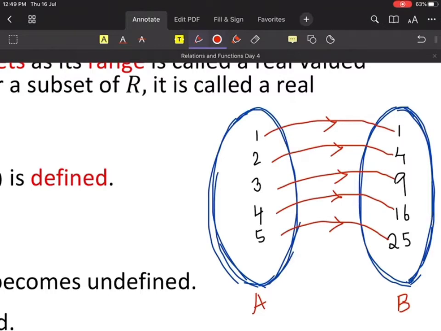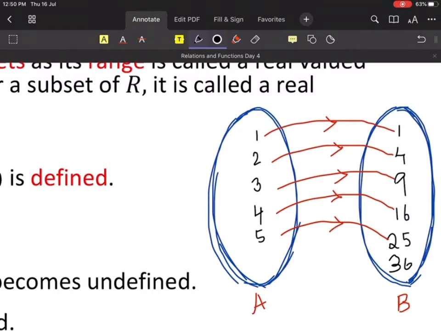Since this is a function, what is the domain of this function? 1, 2, 3, 4, 5. Acha, let me add another number in here to make you understand. Acha, what is the range of this function? 1, 4, 9, 16, 25. Very good. What is the codomain of the function?